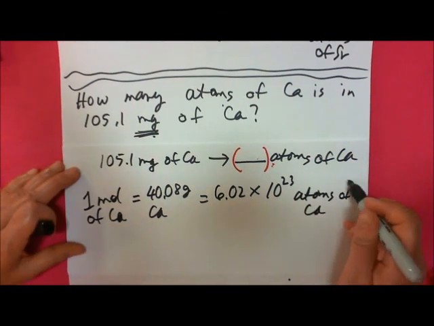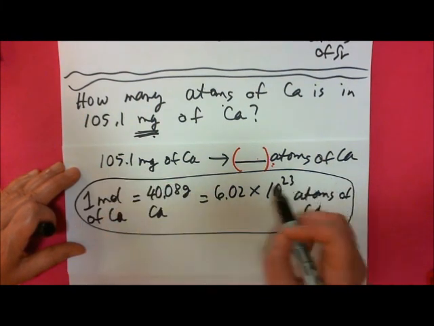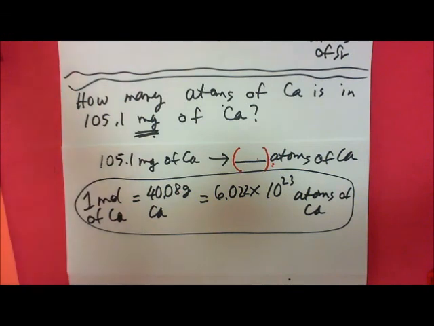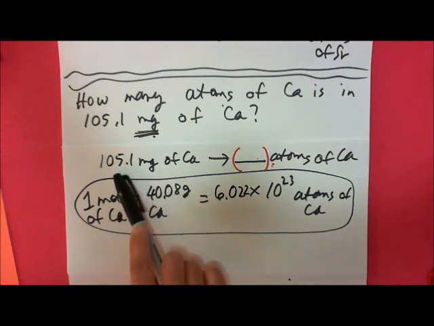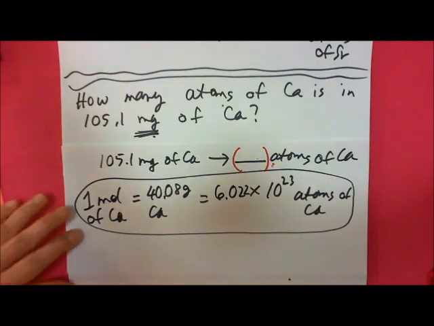Alright, so this is what we got out of the periodic table. Actually, since I have 4 significant figures, let me go ahead and leave that fourth digit in my Avogadro's number, because I want to make sure that I don't limit my significant figures in my final number based on my Avogadro's number.